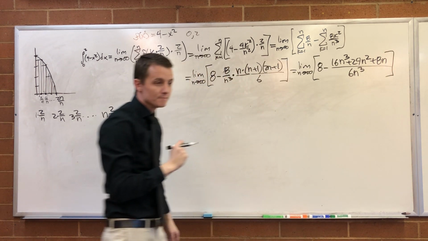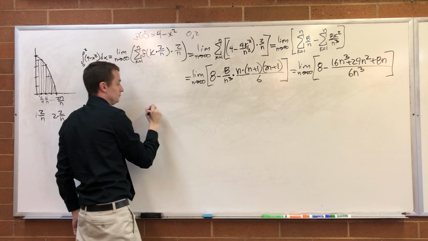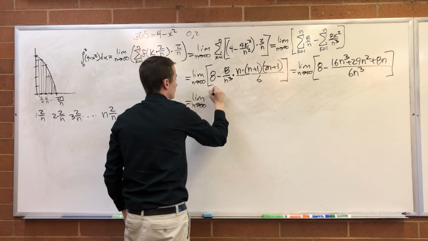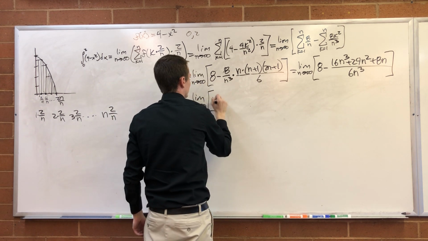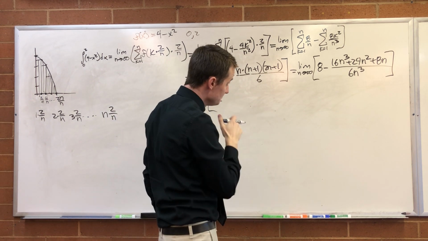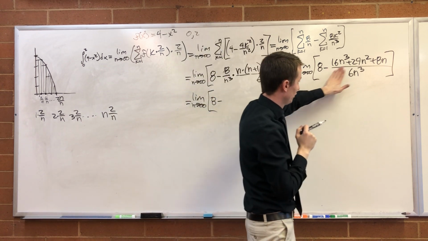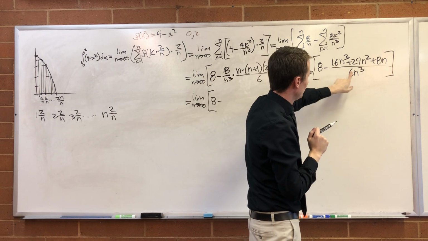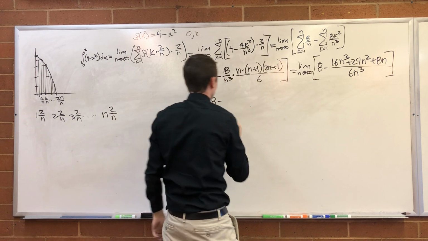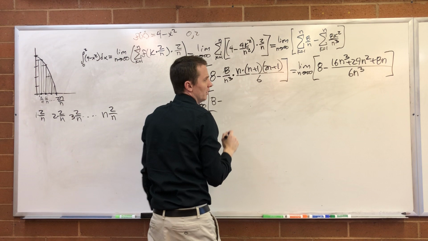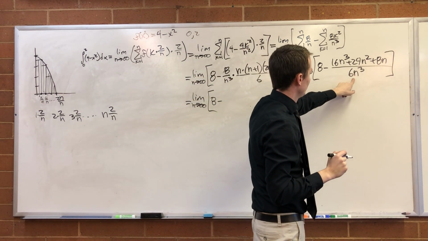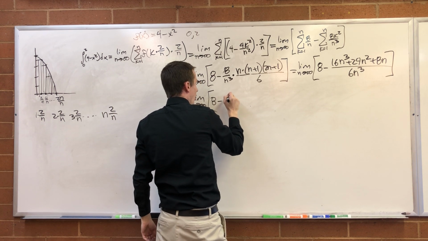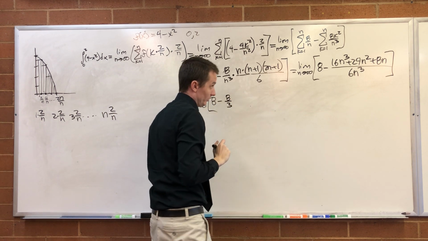With me? And this is equal to the limit as n approaches infinity of 8 minus, now we'll split this up into 3 separate terms. So 16n cubed over 6n cubed is 8/3.